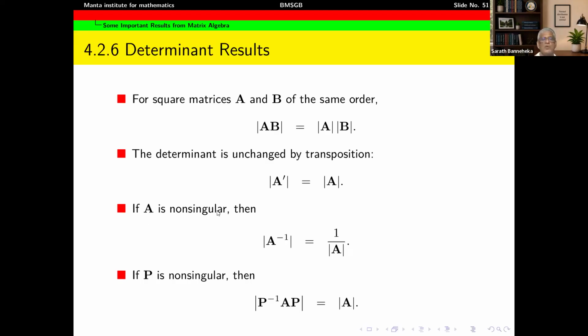If A is non-singular, then the determinant of A inverse is equal to 1 over the determinant of A. That's a useful result too. If P is a non-singular matrix, then the determinant of P inverse AP is equal to the determinant of A. You can easily obtain this result using the earlier results here. If you combine this and this, you can easily obtain this result here.